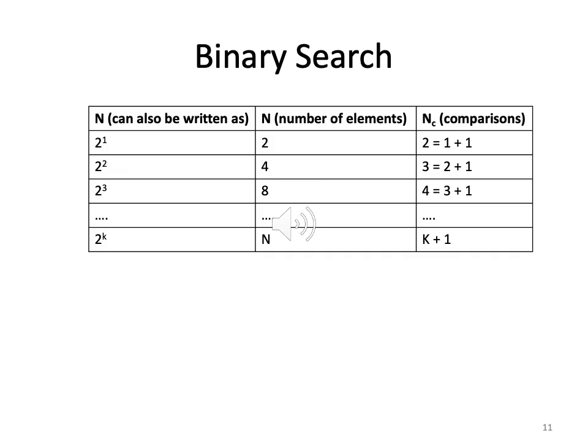So the number of comparisons is k plus 1, but we can approximate it to k. I hope you can see that k is the number of comparisons for input size n. So then how do we calculate k?